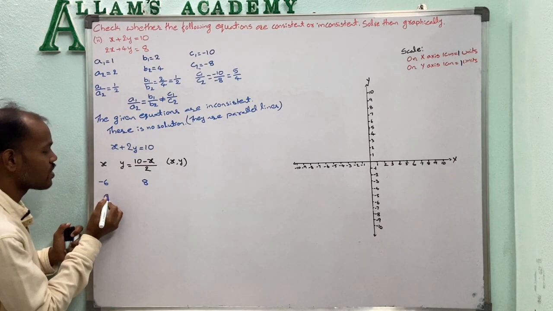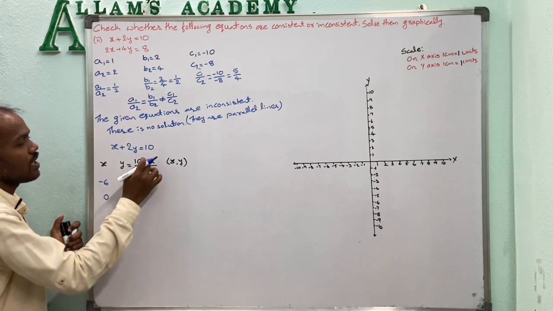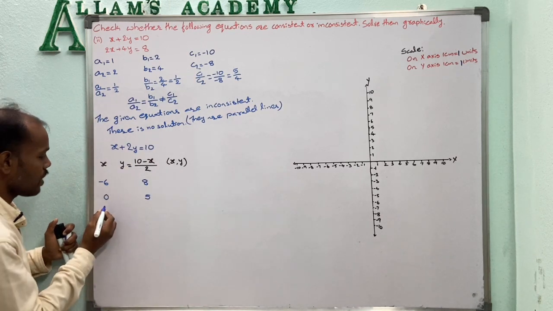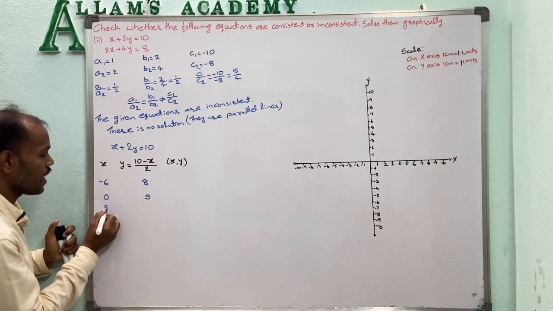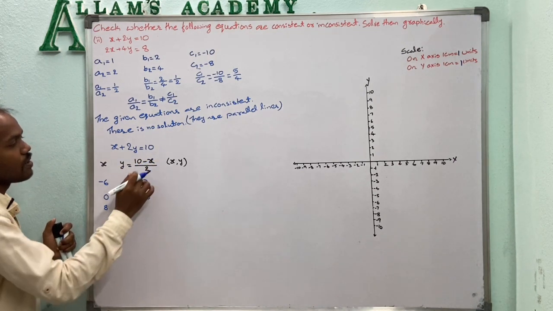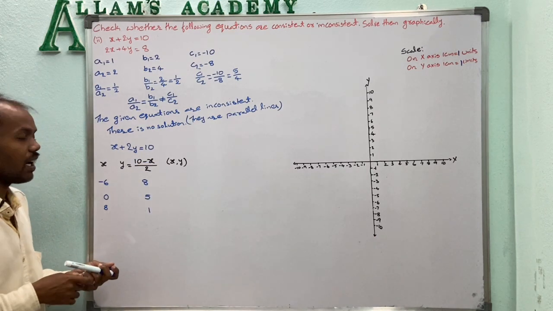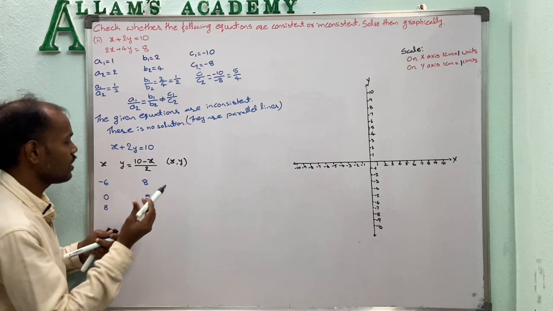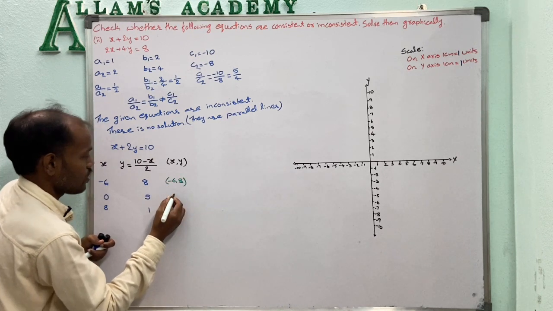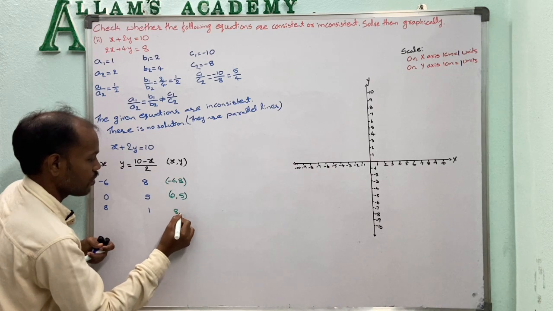If we substitute 0, 10 minus 0 equal to 10, 10 by 2 equal to 5. Next, if we substitute 8, 10 minus 8 equal to 2, 2 by 2 equal to 1. So the points are minus 6, 8; 0, 5; 8, 1.